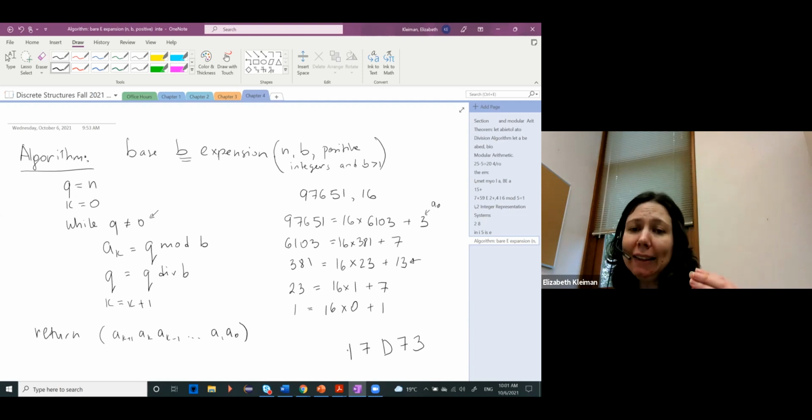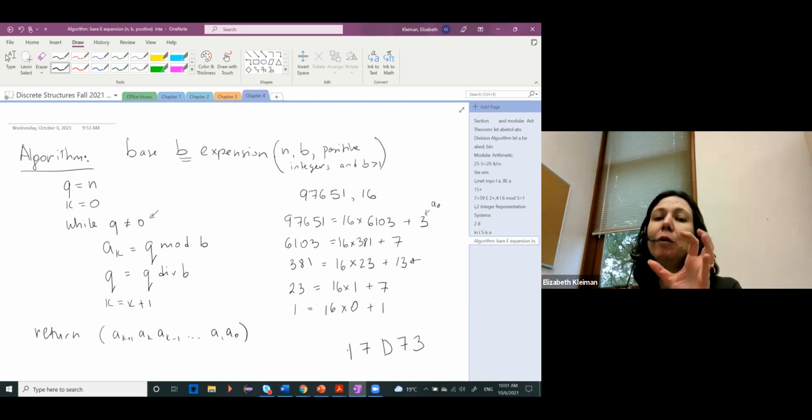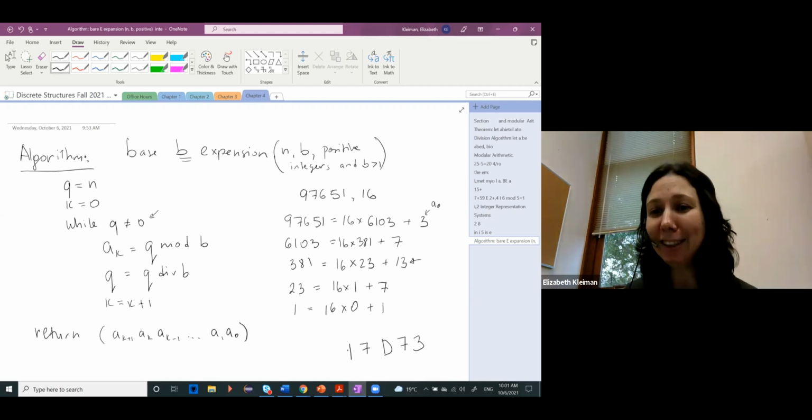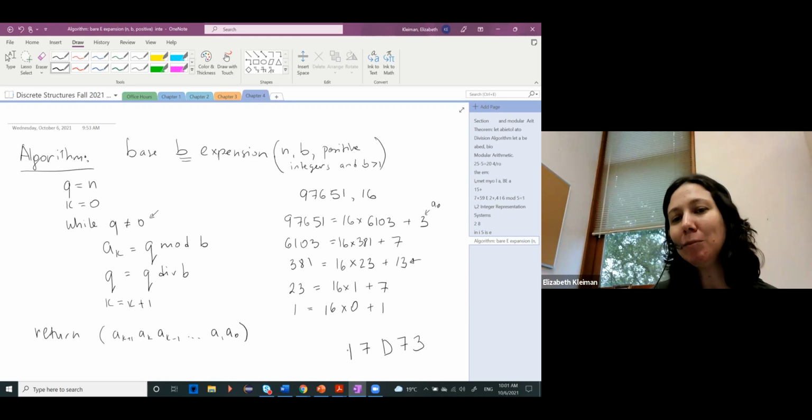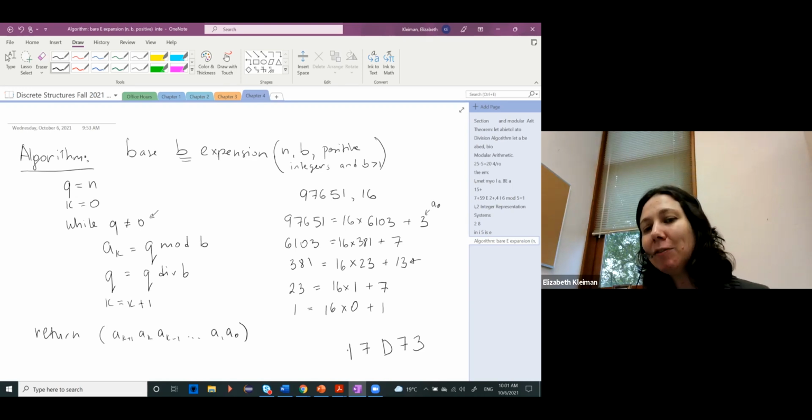What it really does is tell you how many times the thing fits in, what is going to be a multiple of 16, and you will be able to represent it using higher digits because it's already 16 multiplies something, correct? So it's 16 multiplies 6,103. That means I need to start at a second portion in order to represent it.